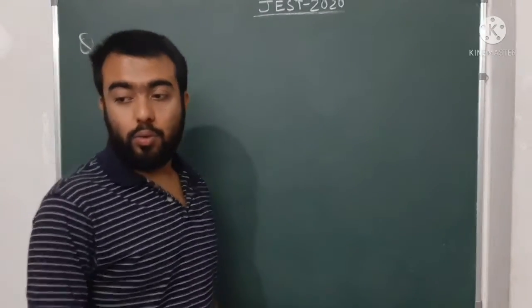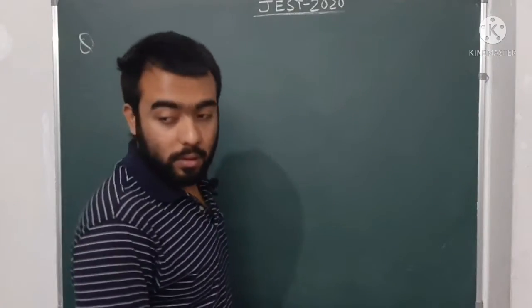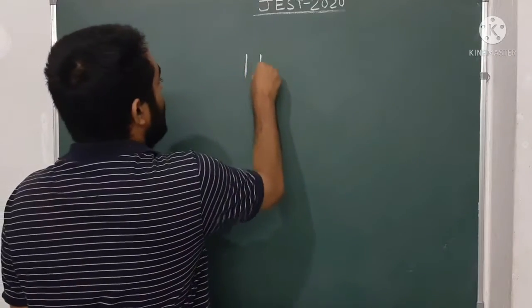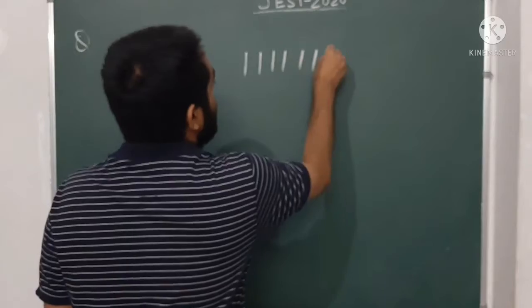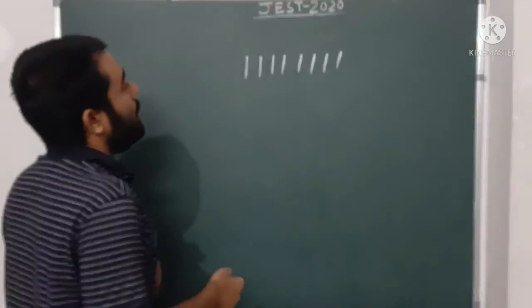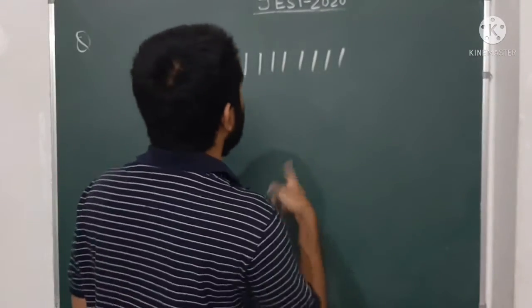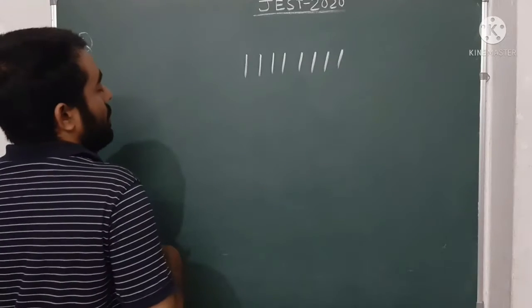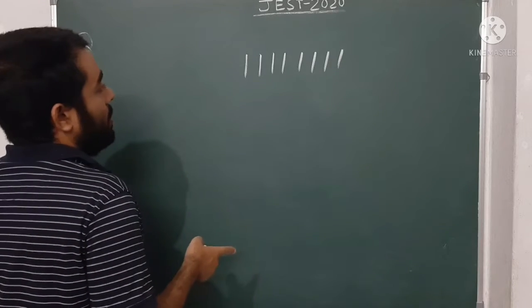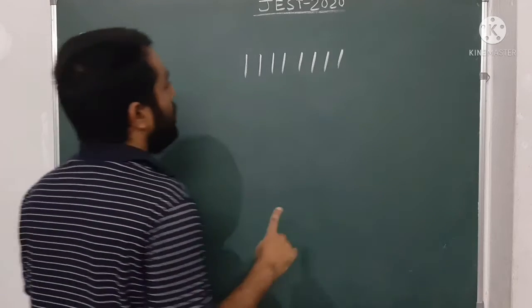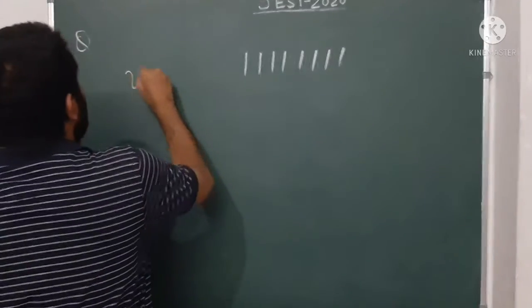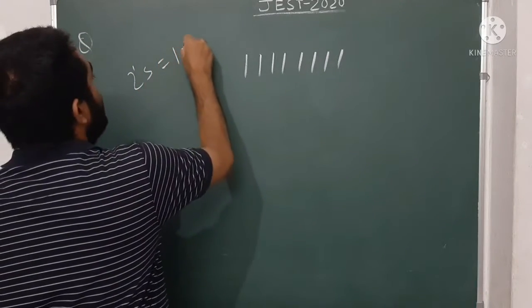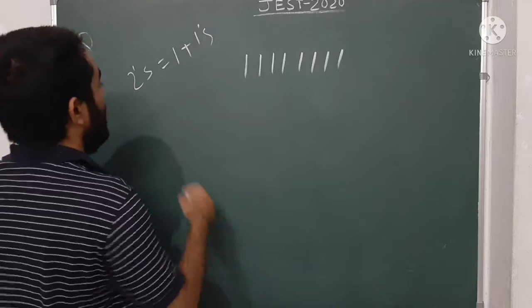Next problem, the 2's complement of the number 1, 2, 3, 4. They ask to find the 2's complement of this number. So for 2's complement, first we have to find 1's complement, and 2's complement is 1 plus 1's complement.